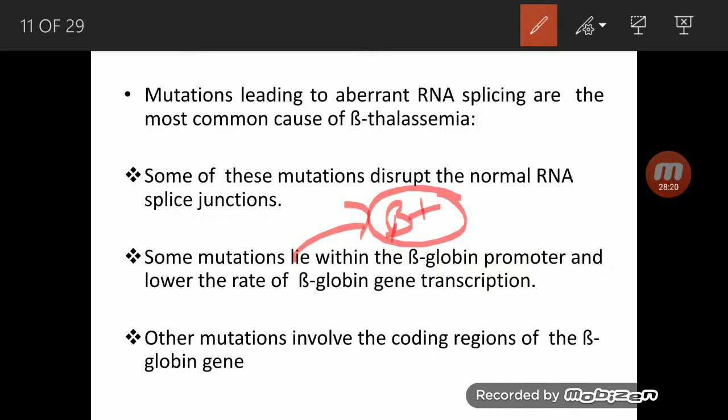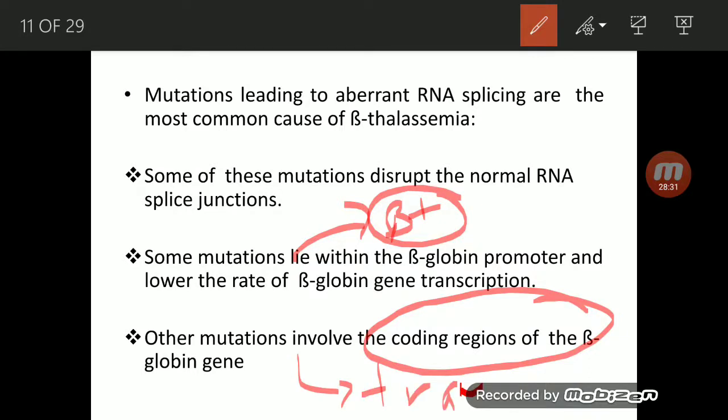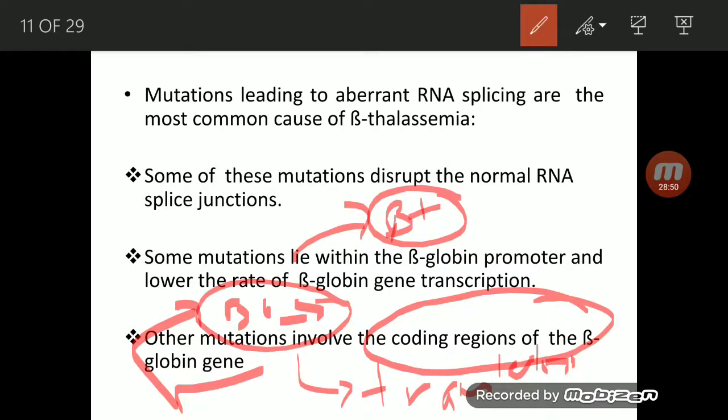And lastly, whenever your coding regions of beta globin chains are affected, this is going to affect your translation of your beta globin mRNA. So change in your translation of your beta globin mRNA will lead to B naught type of thalassemia, which is a severe form of thalassemia. So if translation is being affected, your proteins are not going to get formed.